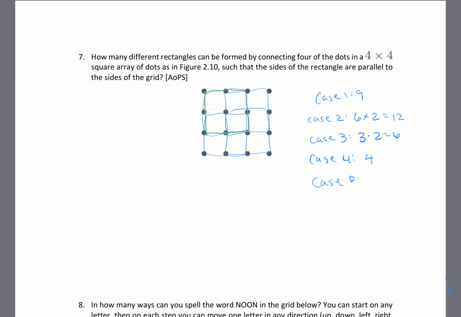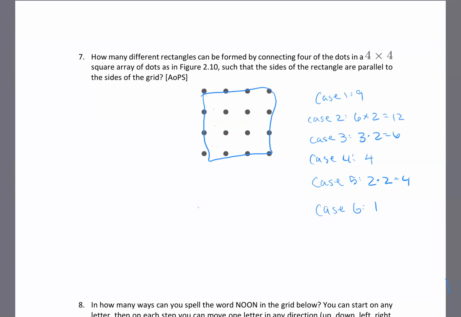And then our 5th case is when we have our rectangle that is 2 by 3. When it's horizontal, we can have 1, 2 horizontal ones. So it's 2 times 2 equals 4. And then our last case is the big square, and there's only one of them.